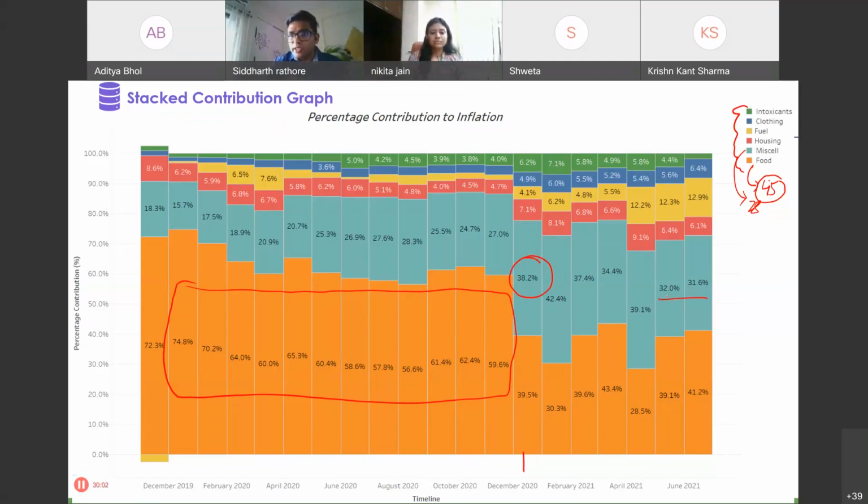For the last 2 months, although it's been decreasing, in the months of April and May its weight was huge, and this is basically because of the health expenditure, the out-of-pocket health expenditure that people were spending, and the rise in prices.